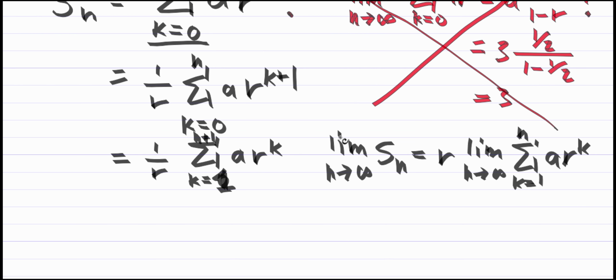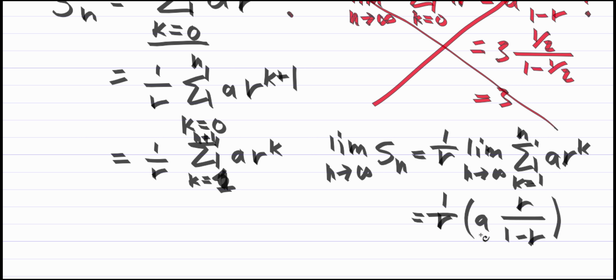And now I can apply my formula because my formula was with respect to the index k equals 1 starting. And so now I have 1 over r times a, r over 1 minus r.